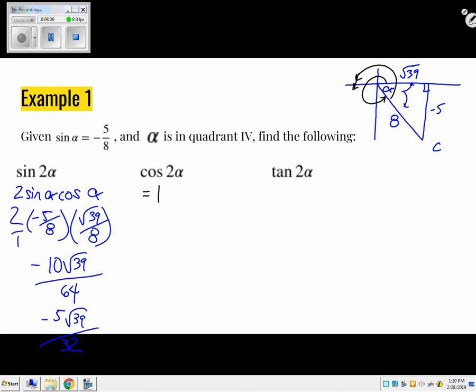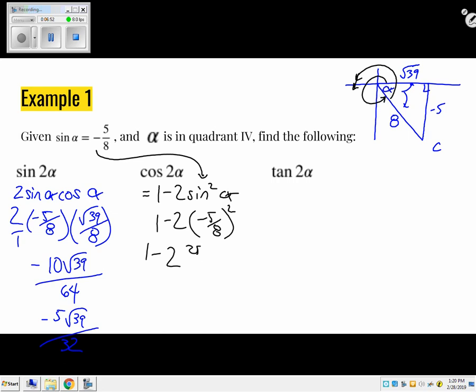Okay, so 1 minus 2 sine squared alpha. I like this one because I can just bring down this sine and square it. So negative 5/8, so what's that, 25/64? So 50/64?